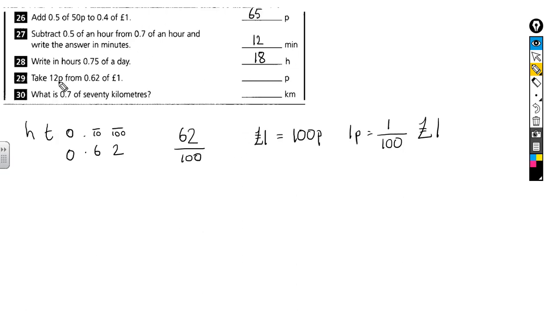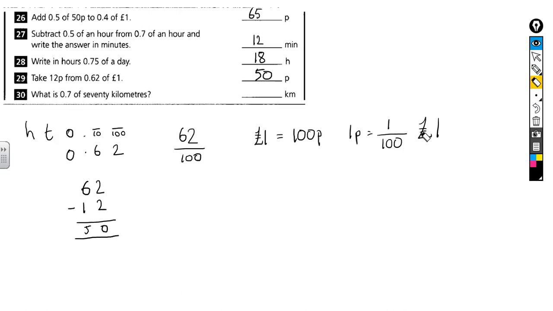So you're being asked to take 12p away from 62p. You ought to be able to do this in your head, but I'm just writing it down for you. 2 take away 2 is 0, 6 take away 1 is 5. That leaves us with 50p.